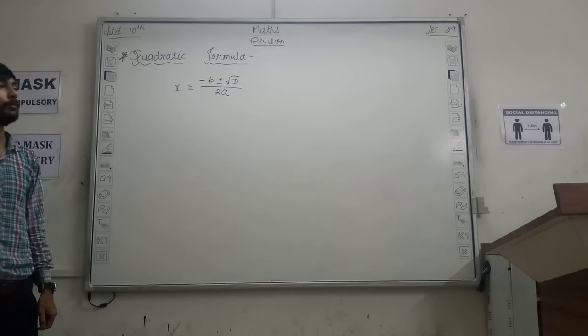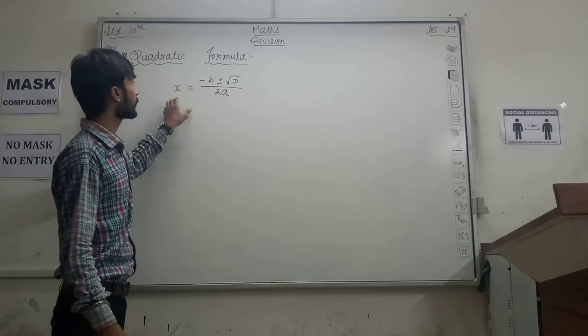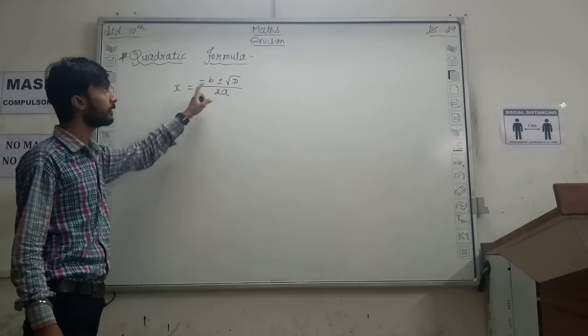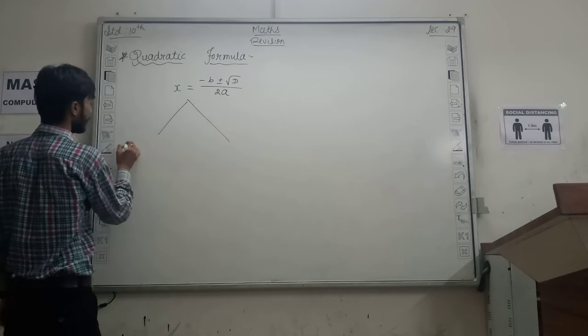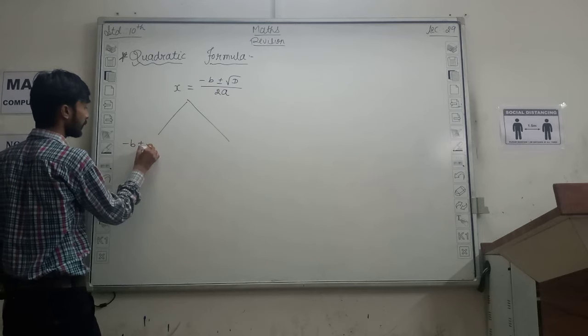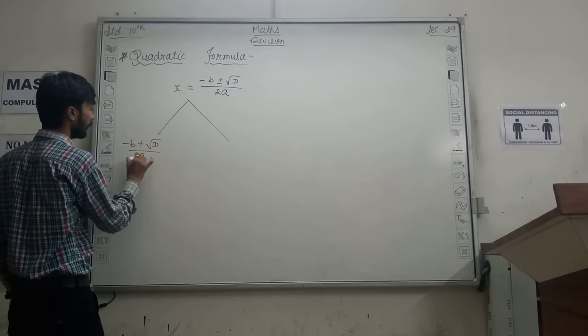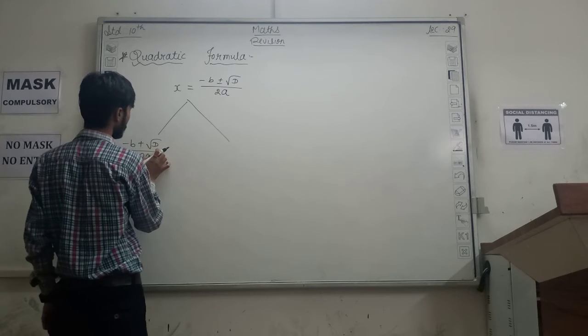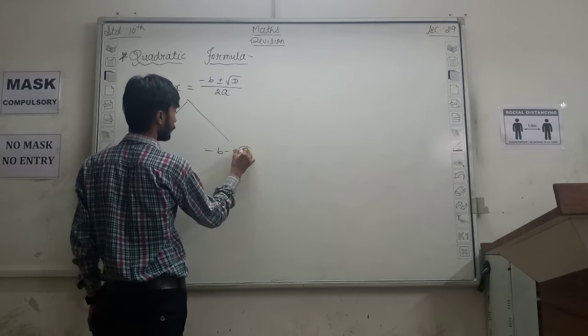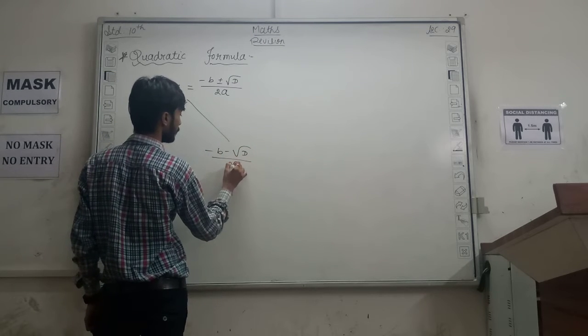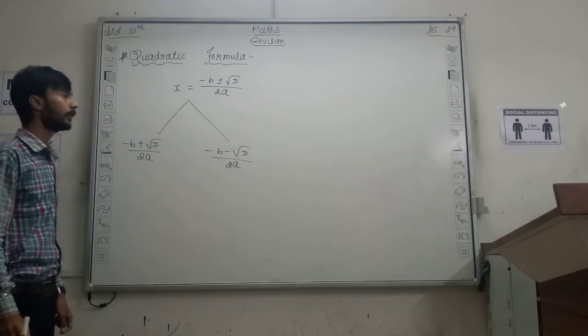So these are two values of x. First one is plus, second minus, right? So we can separate as minus b plus square root of d upon 2a, and second, minus b minus root d upon 2a, right?